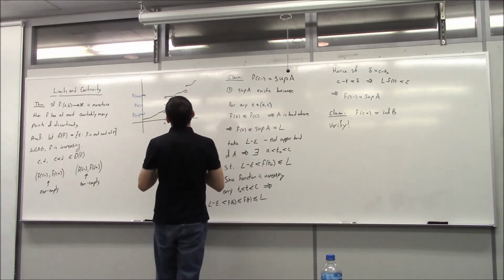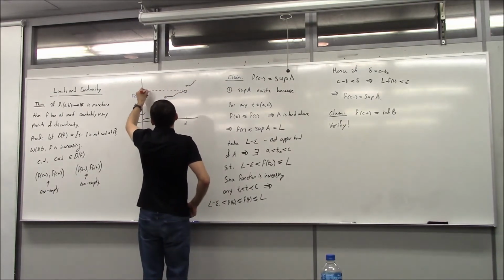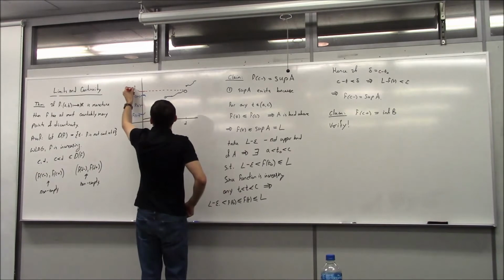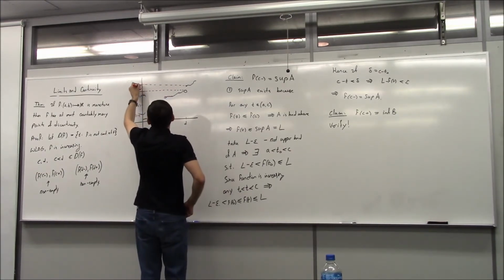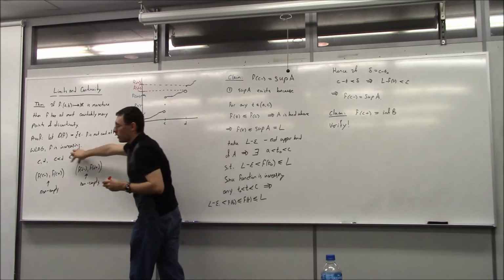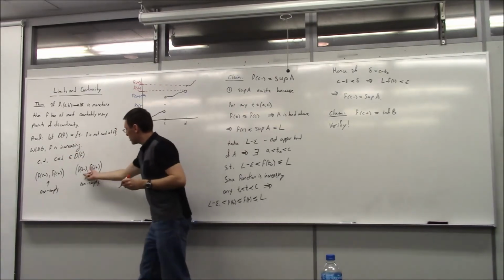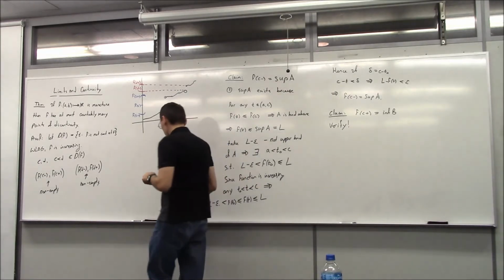Now, what is f of d? Look at this here. It's higher. This here is f of d minus all the way to f of d plus. So what I'm claiming is, you see that the intervals are disjoint. This interval is going to be strictly above that interval, and then I can do the counting.